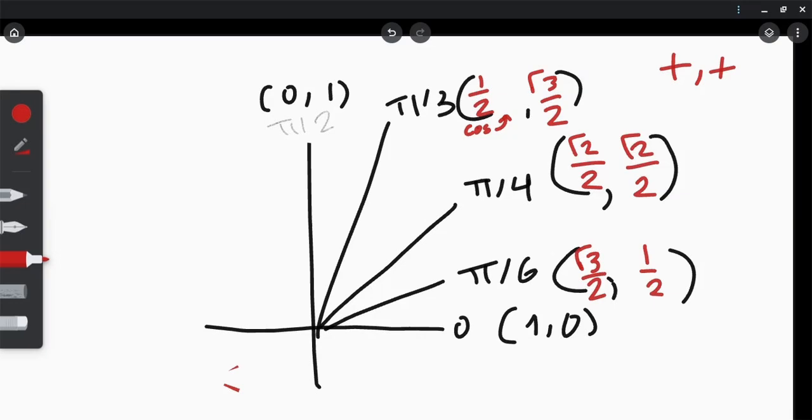So you're going to understand that you're going to have the square root of 3 over 2, square root of 2 over 2, 1 over 2. All of these coordinates are going to be repeating along the unit circle, just changing the signs. Once you know these coordinates, you can write all the other coordinates on the unit circle.